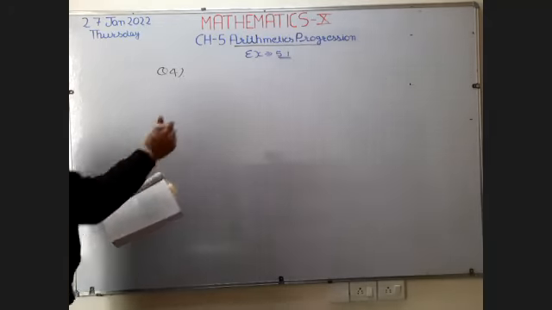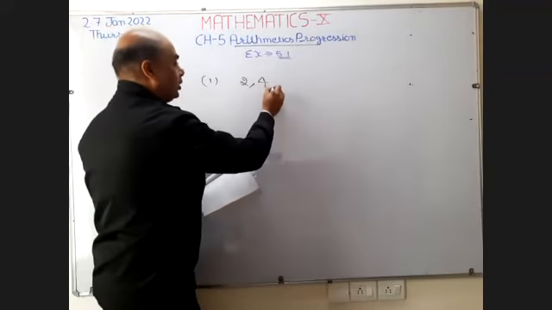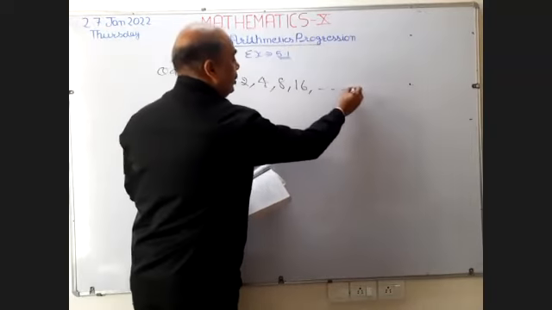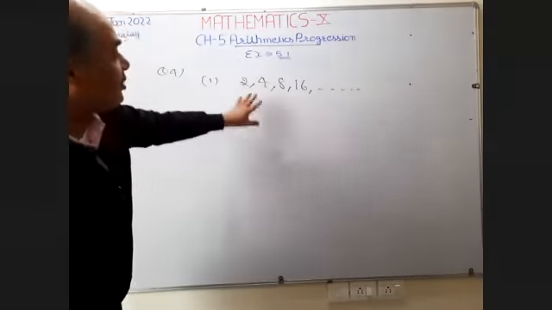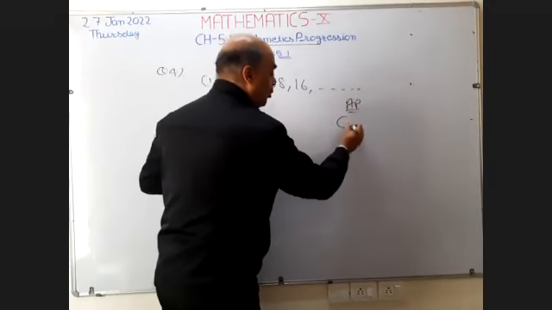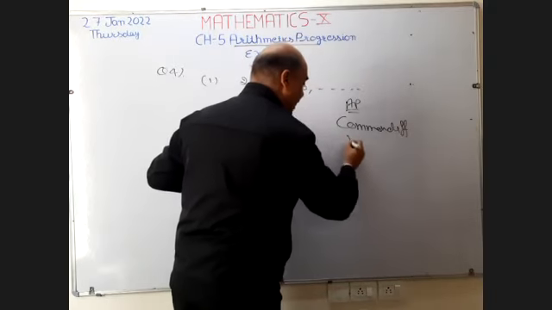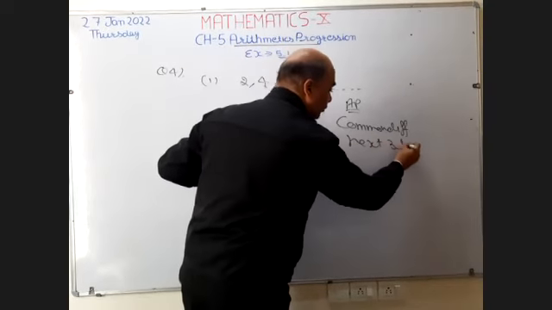Okay, now see first part of this question first. In first part, sequence is 2, 4, 8, and 16. If the given sequence is an AP, then we have to find the common difference and next 3 terms.